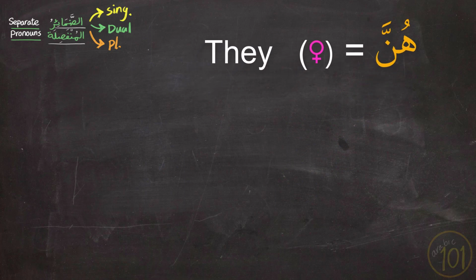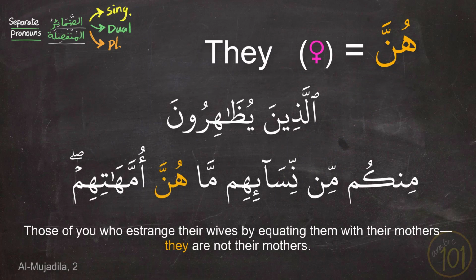Like in this example. الَّذِينَ يُظَاهِرُونَ مِنكُم مِّن نِّسَائِهِم مَّا هُنَّ أُمَّهَاتِهِمْ. So here, hunna exclusively refers to feminine nouns.